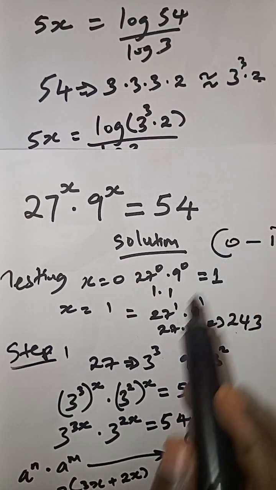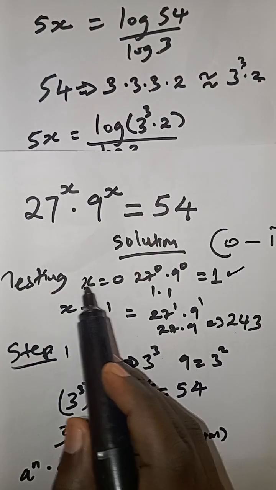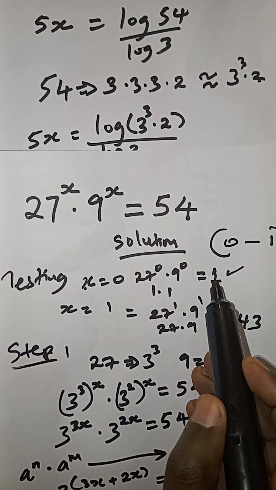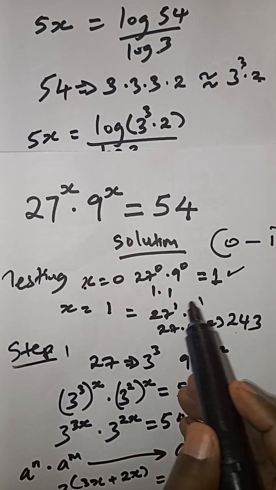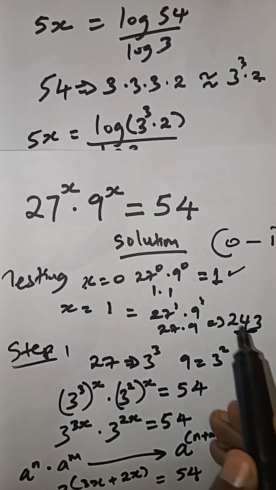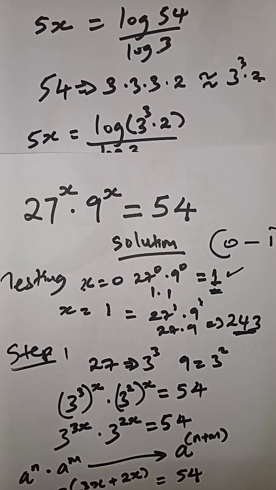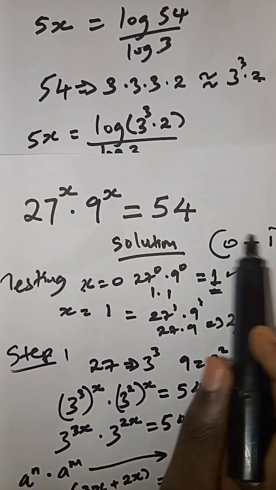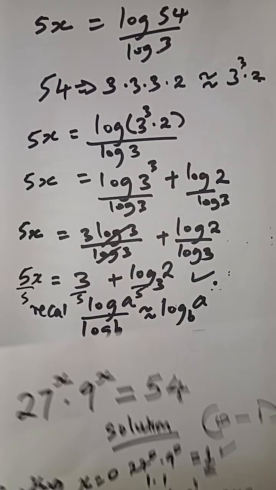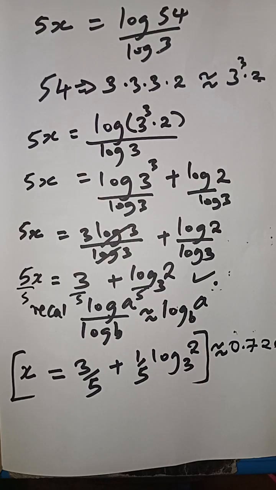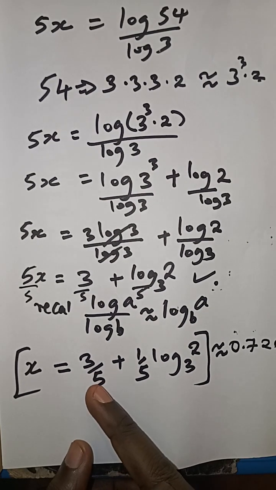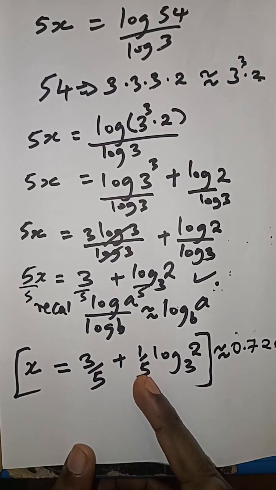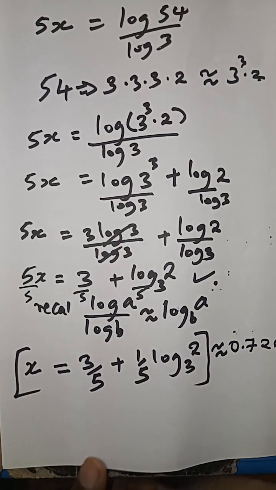It cannot be 0, since when x was 0, the output was 1, and when x was 1, the output was 243. So that means our value is in that range. From the calculation, this is what we have: 0.726, or 3 over 5 plus a fifth times log 2 base 3.